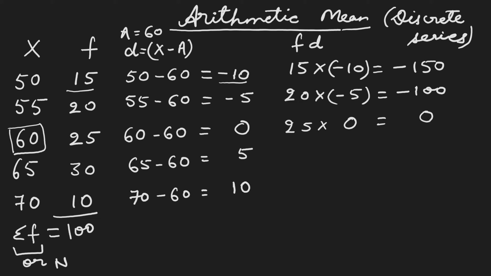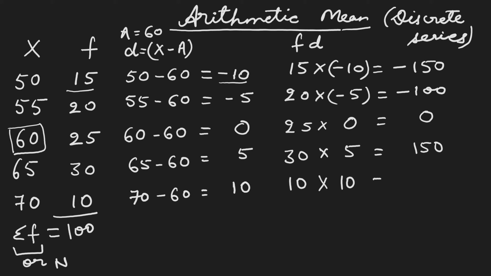Then next is 30 multiplied by 5 is equal to plus 150. We can skip plus sign here because whether we write plus sign or not, it does not have any effect. Both are the same thing. We can ignore plus sign, but we have in our mind that it is a positive value. Then next is, value of frequency is 10 and d is also 10.